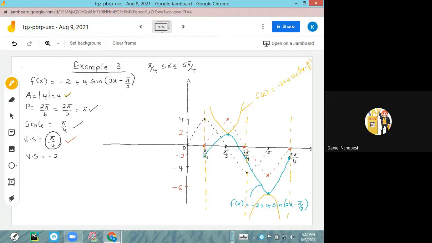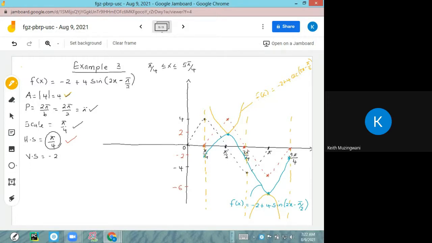After we have this one in black, it moves from 0 to 4, from 0 to -4, and it's starting from 0. There's no shift there. Then now you go to your shift. Horizontal shift is positive pi over 4, meaning you shift all the x coordinates pi over 4 steps to the right.